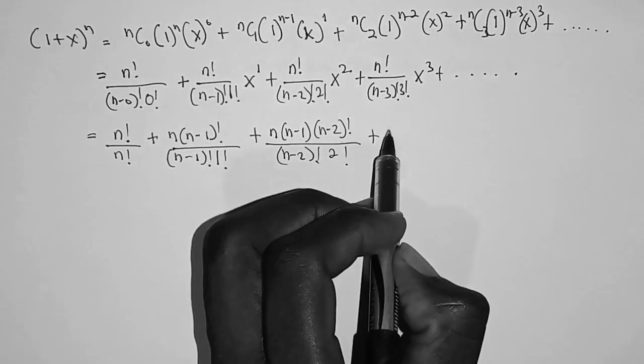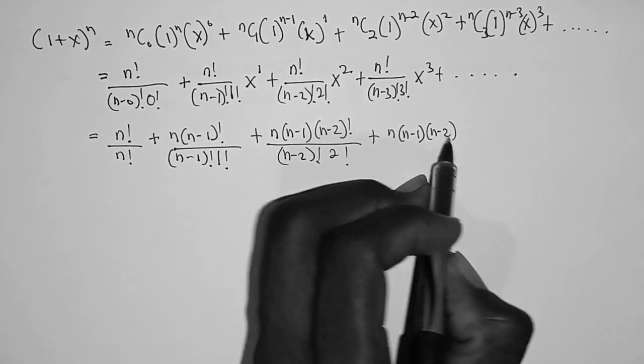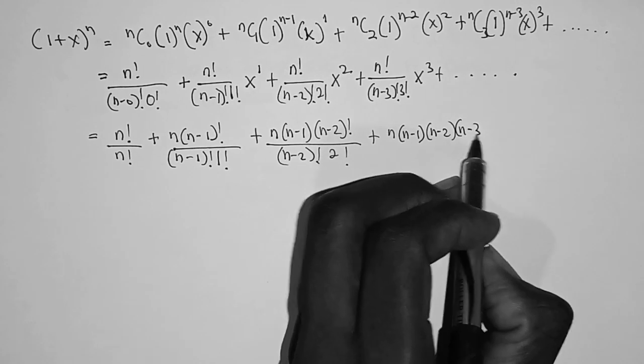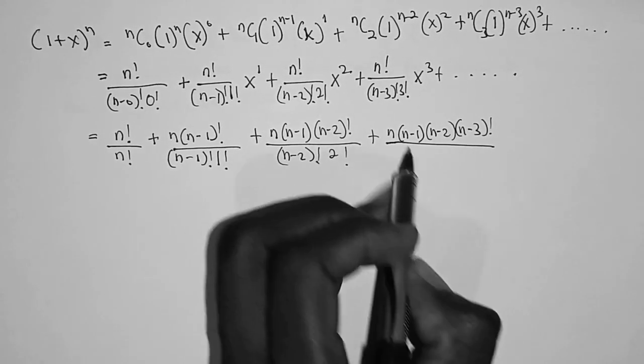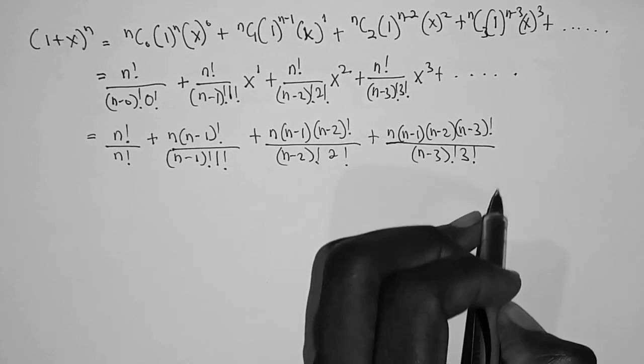This can also be written as n times (n-1) times (n-2) times (n-3) factorial, all divided by (n-3) factorial, 3 factorial.